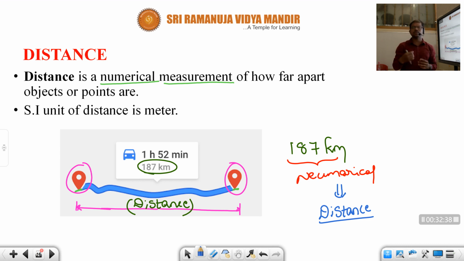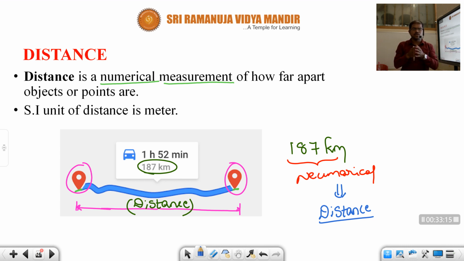In regular usage, suppose you are about to meet your relatives, they may ask within how much distance your school is located. You will reply simply, like 2 kilometers, 3 kilometers, 1 kilometer. In day-to-day life we use it like that. But scientifically, distance is a numerical value which defines the separation between two points.